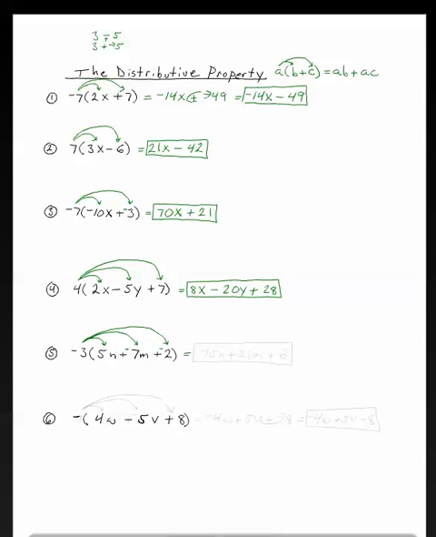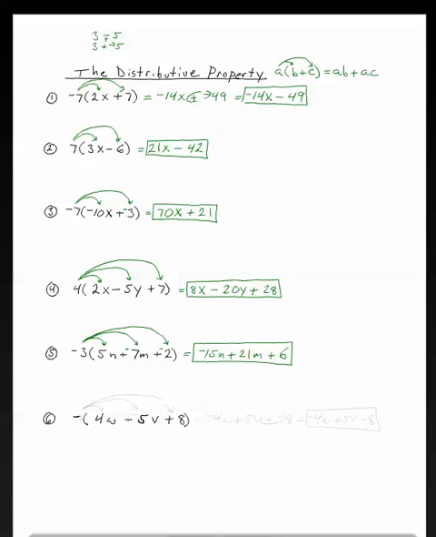So negative 3 times 5n is negative 15n plus negative 3 times negative 7m is positive 21m plus negative 3 times negative 2 is positive 6. Now there are no plus a negative in my expression. So we're done.